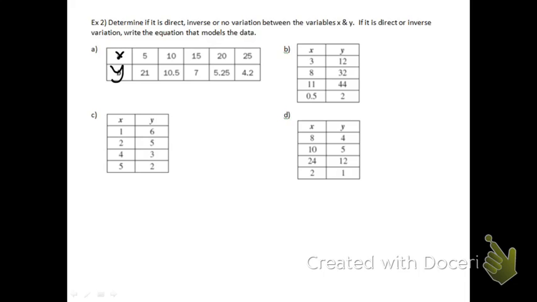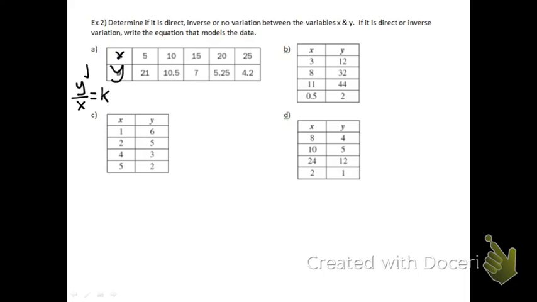Now, there's a couple ways we could try to do this. To me, the easiest way to figure out if this is direct or inverse variation, or even neither, is to see what happens when we do y divided by x. If we take the quotient of the y value over the x value, do we always get the same constant?